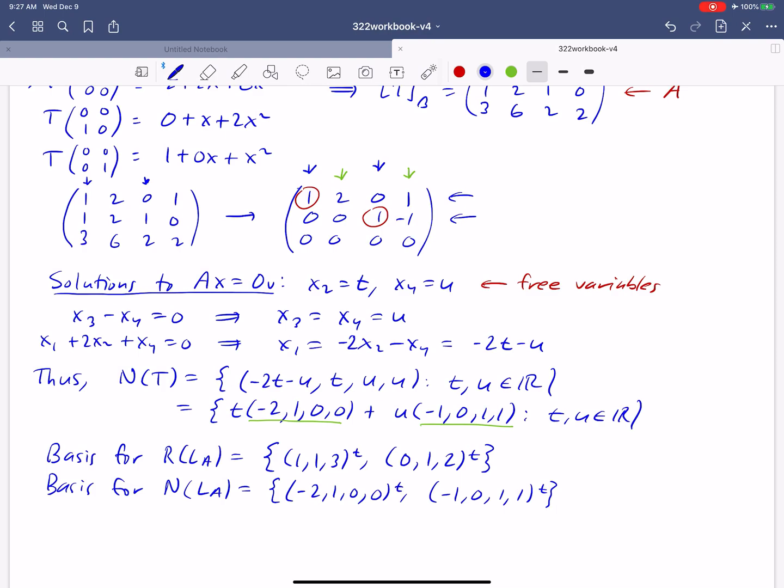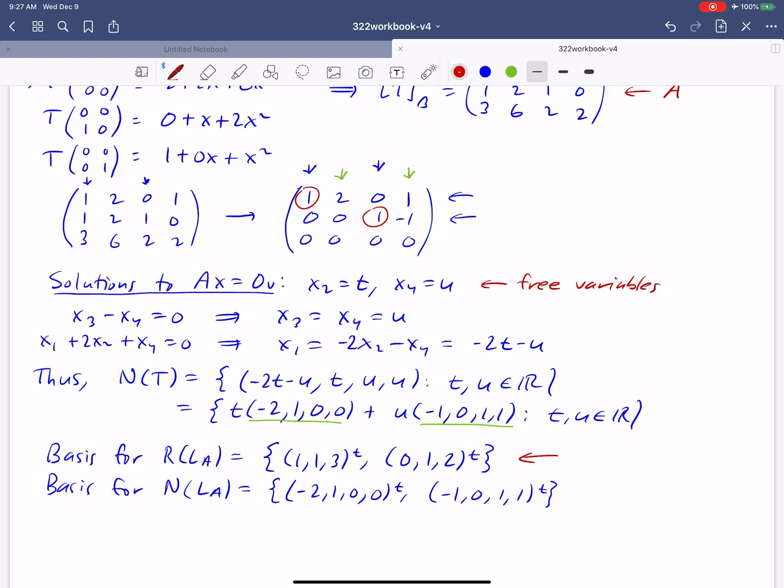Okay, and the key again is to interpret these vectors that we just found as coordinates. If we start with the basis vectors for the range of L of A, we'd be talking about the basis for the outputs, for the codomain.